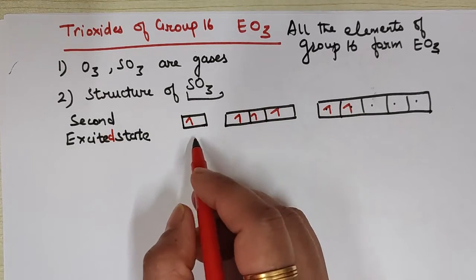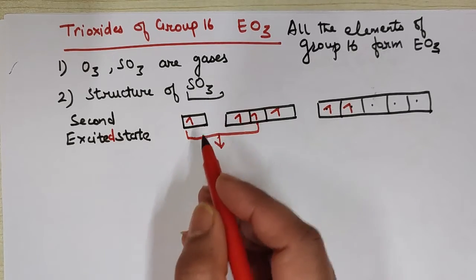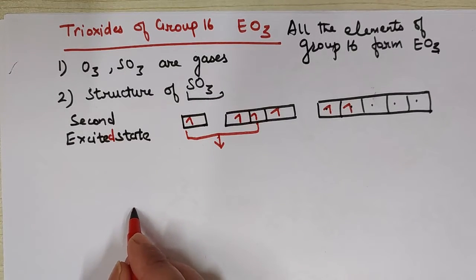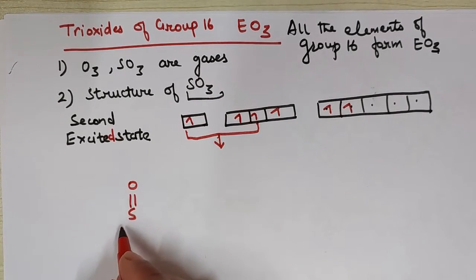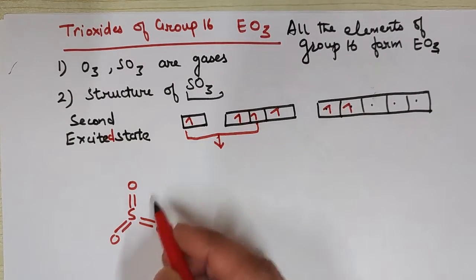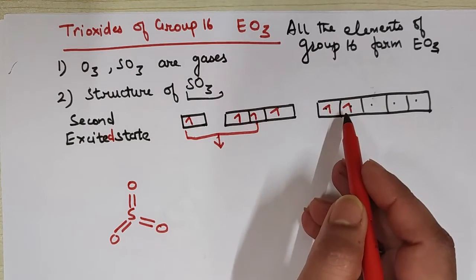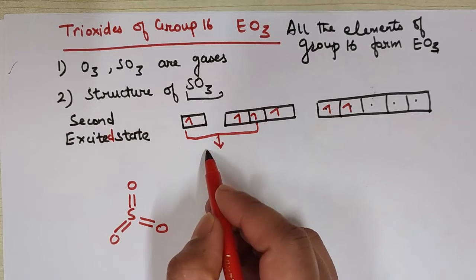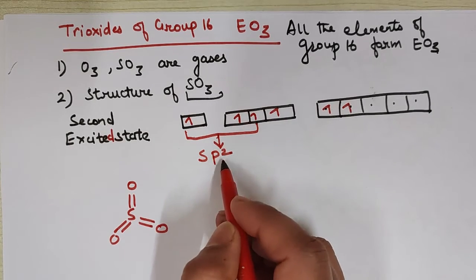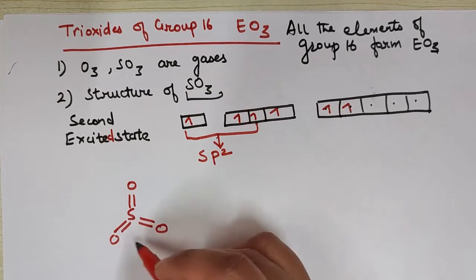Now, because in SO3 also we are having 3 oxygen atoms, the structure is somewhat like this, SO3. No lone pair is there, so that means this electron is getting excited to the higher energy level. So now the hybridization of S is sp2, so that 3 single bonds can be formed with 3 oxygen atoms.